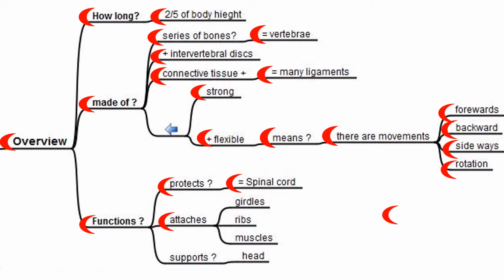Of course we have just studied that upper and lower limbs are not directly attached to the axial skeleton, but they are attached through girdles. So the vertebral column will receive the girdles of the limbs, and ribs are attached to the vertebral column, and many muscles are attached to the vertebral column, and it gives support to the head.